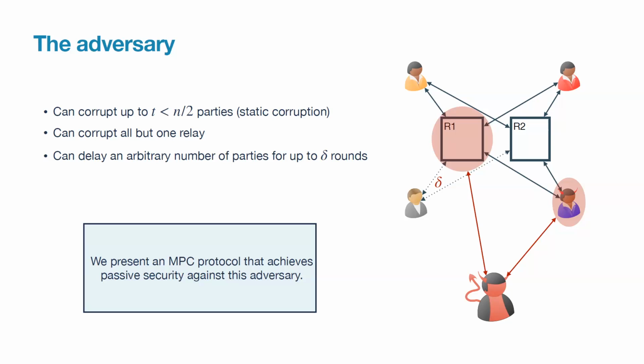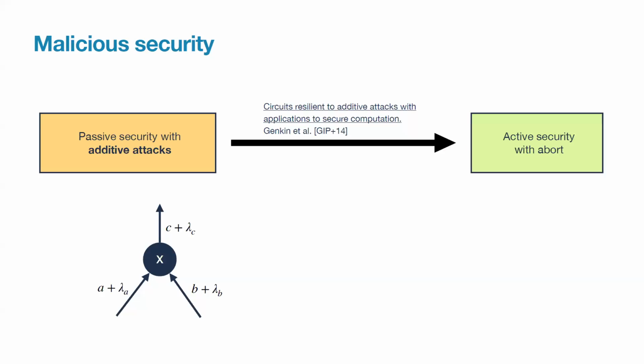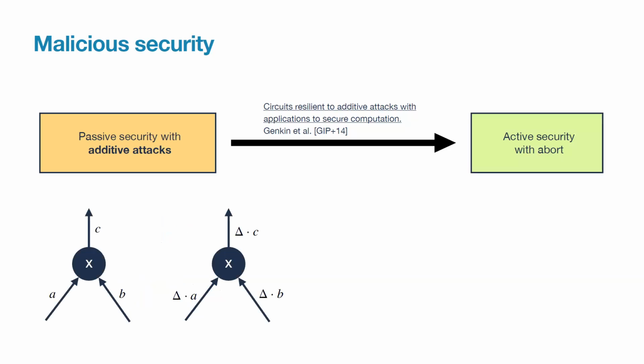However, we would like to have malicious security. And for that, we look at some previous results that tell us that if we have passive security with additive attacks, which means that the only thing the adversary can do is introduce some additive errors, then we can compile our circuit to get active security with abort.